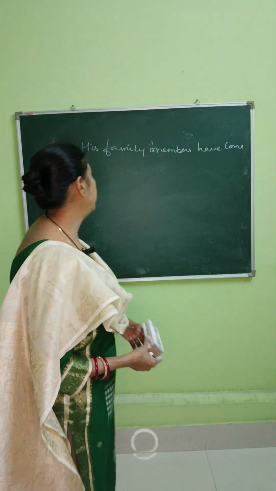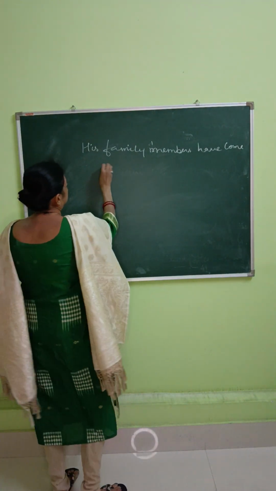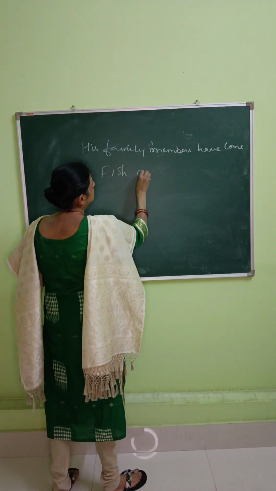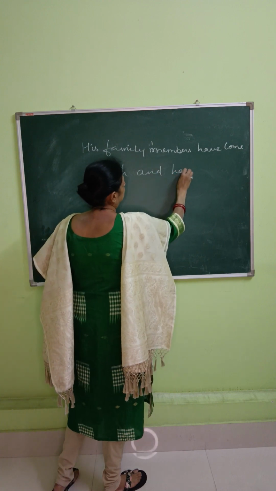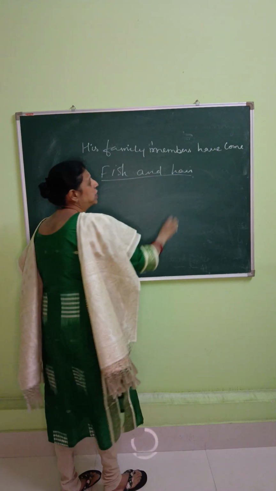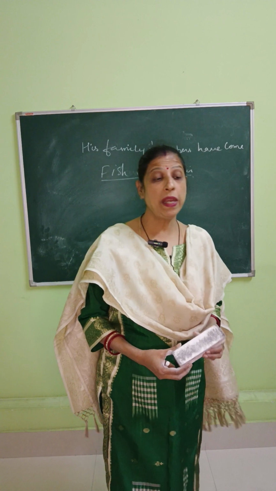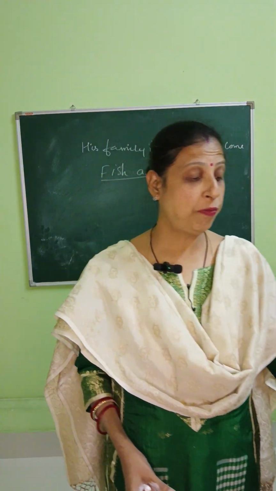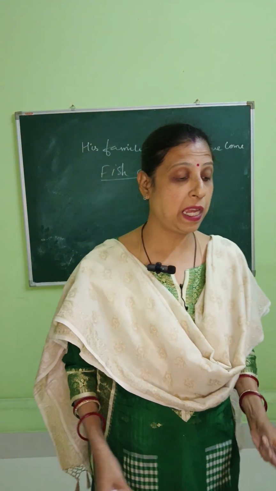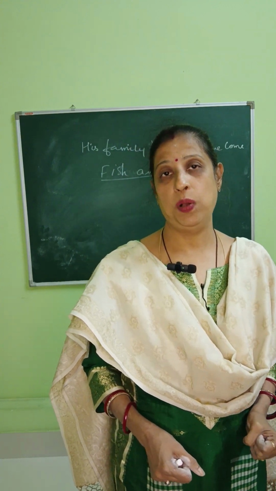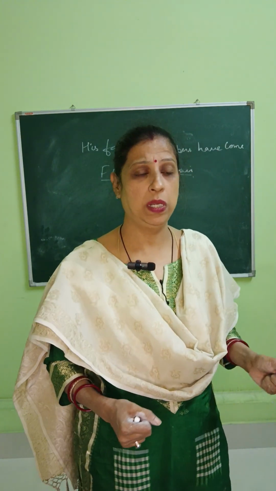Lastly, before concluding, I would like to say something about fish and hair. Where are we going to use the plural form of fish and hair when they are always in singular form? How can this become plural?